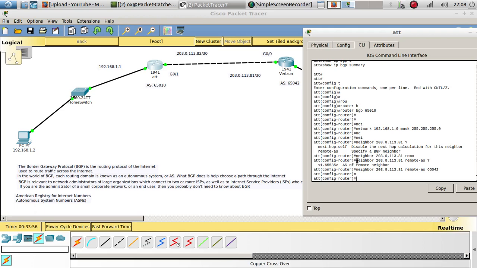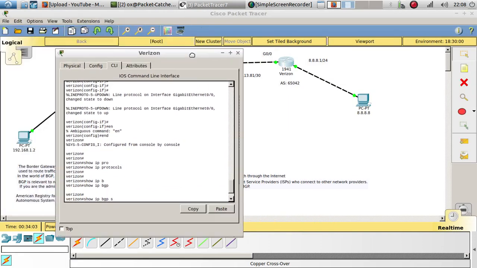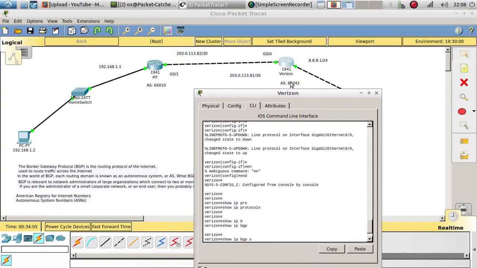So now what we have to do is configure this router over here to have this autonomous system of 65.0.42, since we told this router to connect to this BGP. So we have to match this autonomous system, or else it won't work.